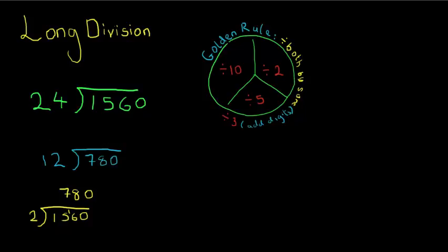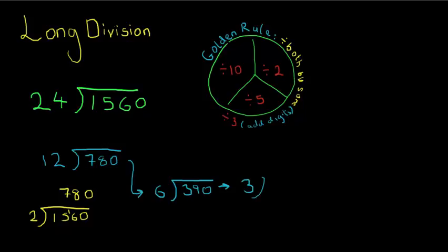Now on this occasion we haven't quite turned the long division into a short division, but here we see that we could go a little further. The 12 and the 780 are still both even numbers, so I can simplify it one more time by halving again. Well, half of 12 is 6, and when you go ahead and half 780 you get 390. As luck would have it, we can halve again.